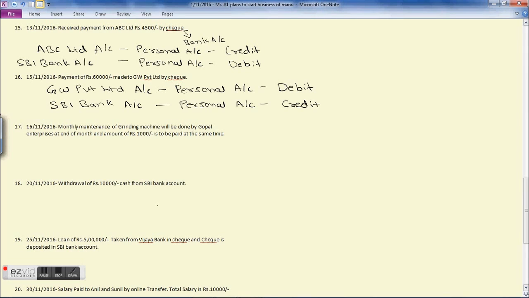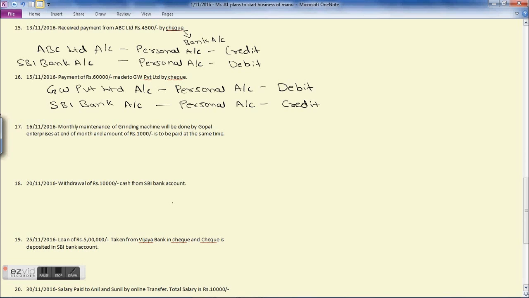Transaction 17. Monthly maintenance of the grinding machine will be done by Gopal Enterprises at the end of the month, and an amount of ₹1,000 is to be paid at the same time. So there is a contract signed by the company with Gopal Enterprises to do the monthly maintenance of the grinding machine. They will come, do the maintenance, and at the same time the amount will be payable.